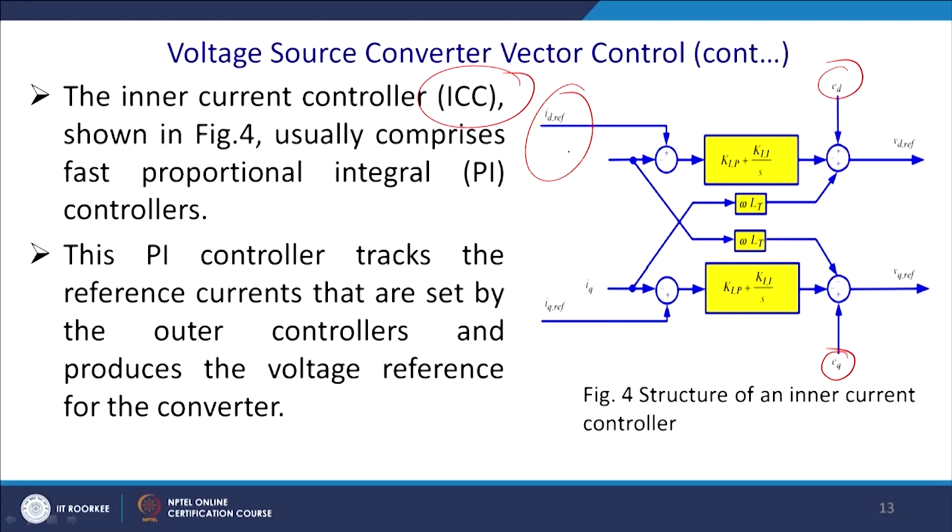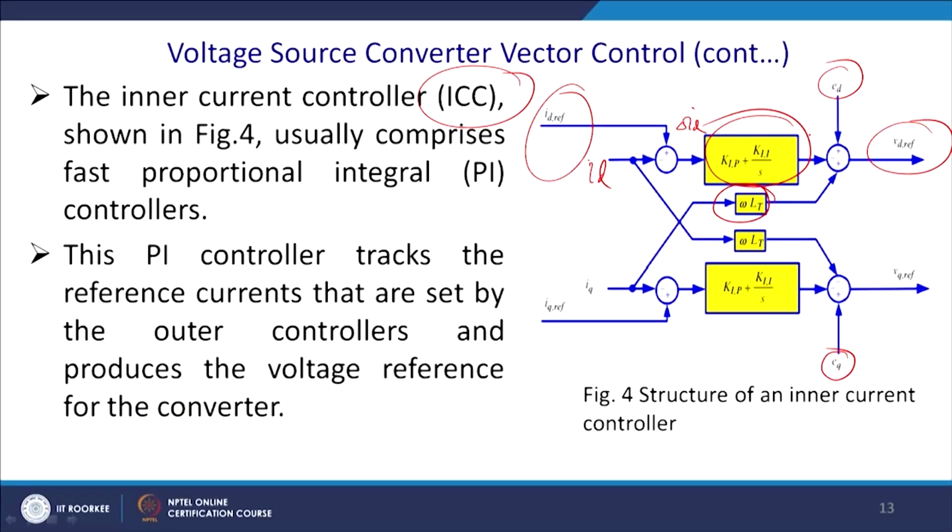So, what happens here, this point is your ID and this is your ID ref, and thus you get the delta ID, and that you feed to the PI controller. In the same way the IQ has to be multiplied with this term, this is a cross term, and ultimately you add up and it has to be subtracted, and that will be your VD reference.